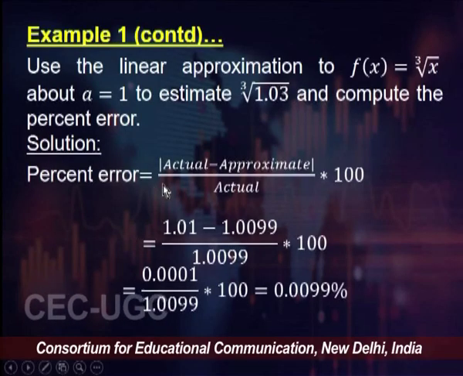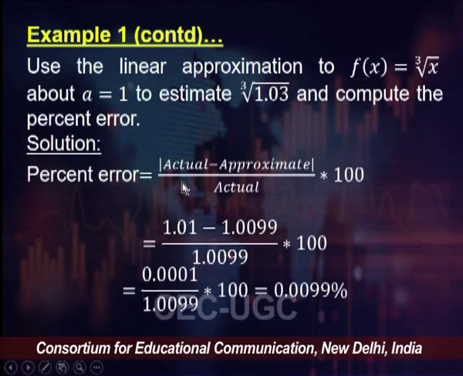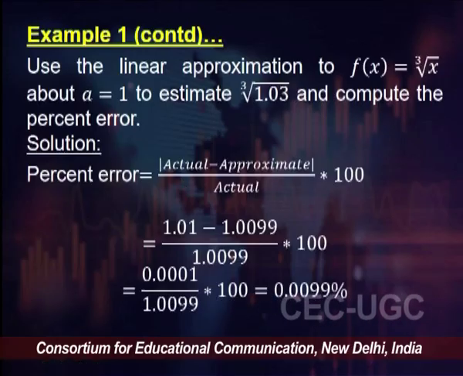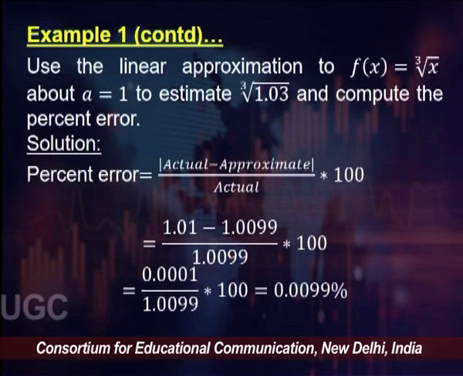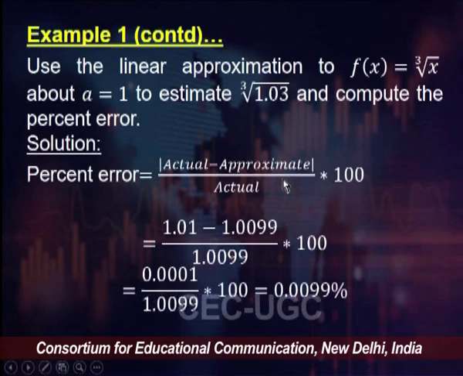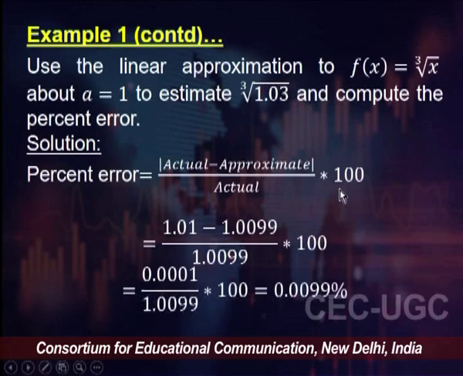For now, let's do a more intuitive calculation, because whenever we talk of errors, it is natural to look at the percentage error, and the percentage error can be calculated here as the absolute value of the difference between actual minus approximate. So, that is telling us how far off we are from the true value, and that will be divided by the actual value, the correct value, times 100.